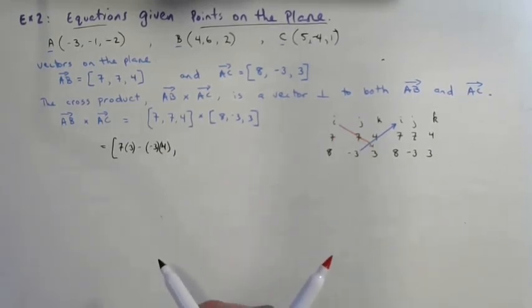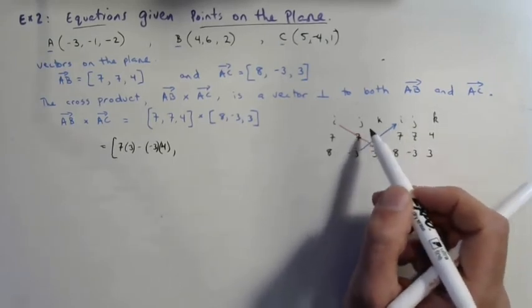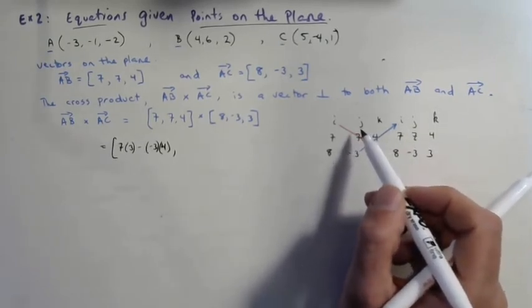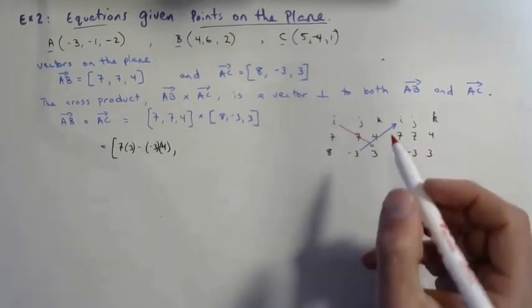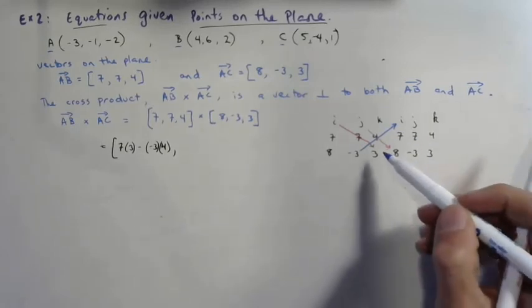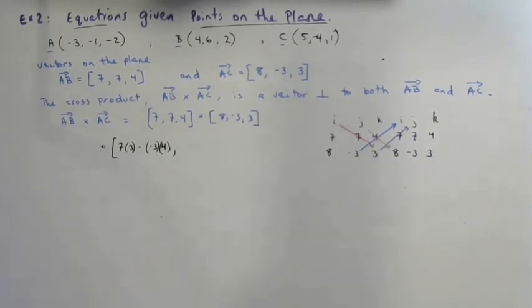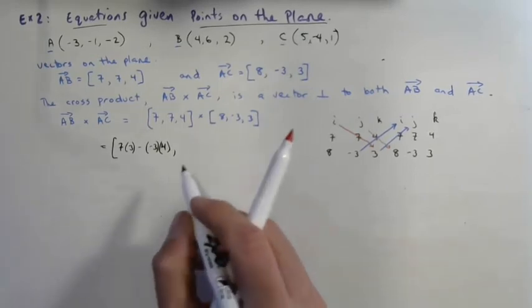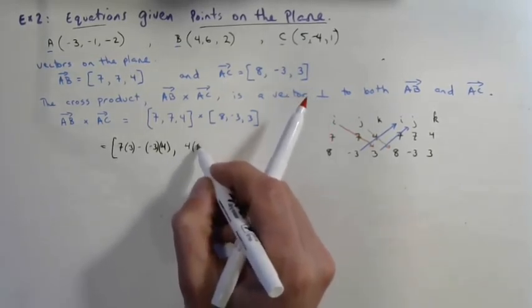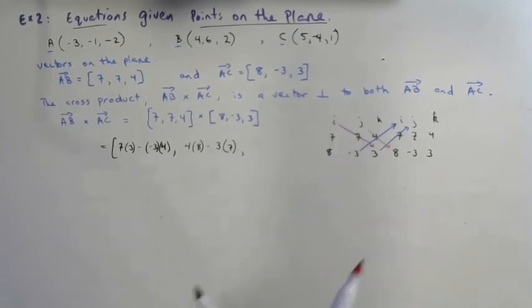Now we're going to be looking for our multiples of our j unit vector. That's the unit vector in the y direction. So we're going to be multiplying down 4 times 8. And then we're going to subtract 7 times 3, or 3 times 7. Okay, so we've got 4 times 8 minus 3 times 7.